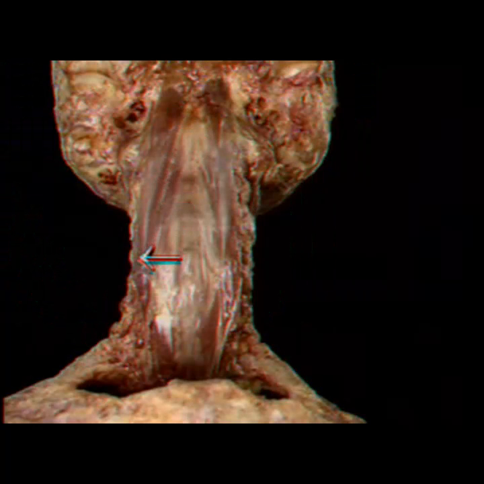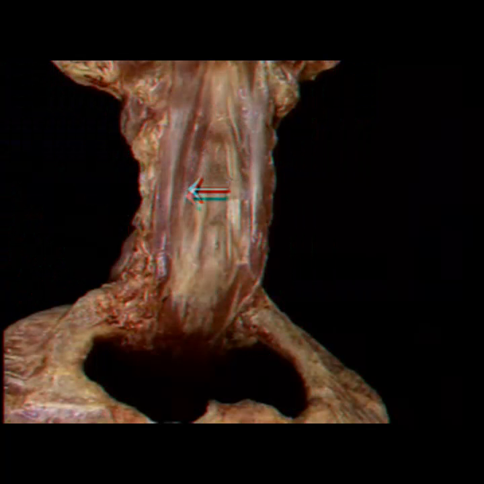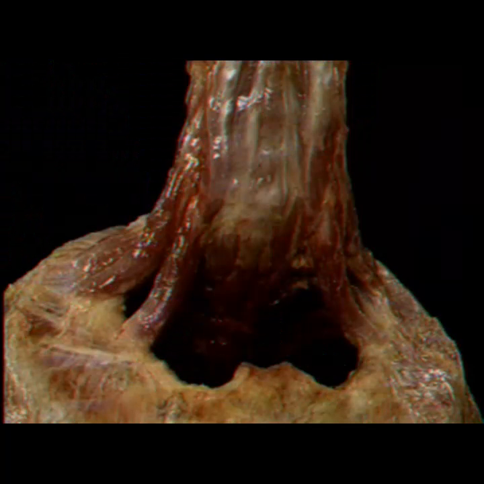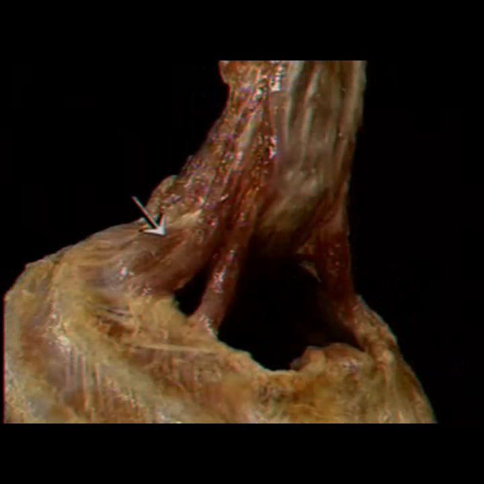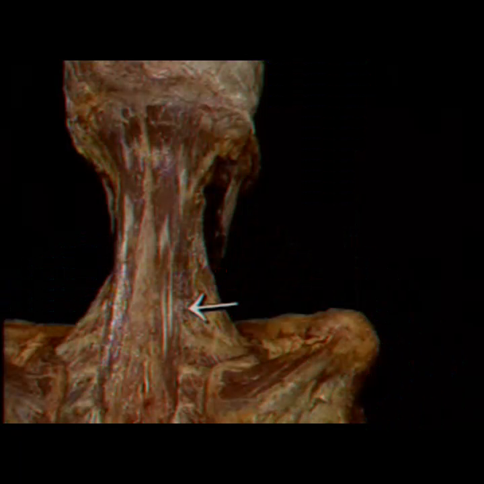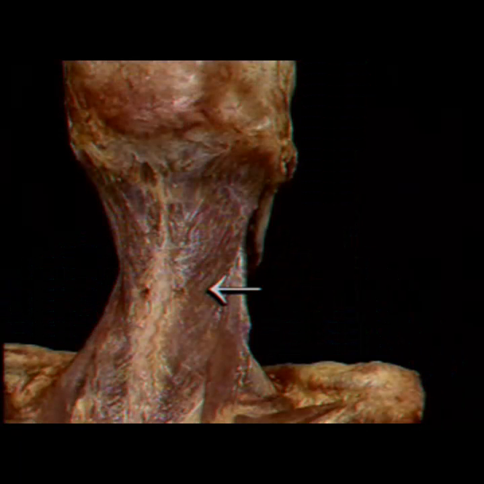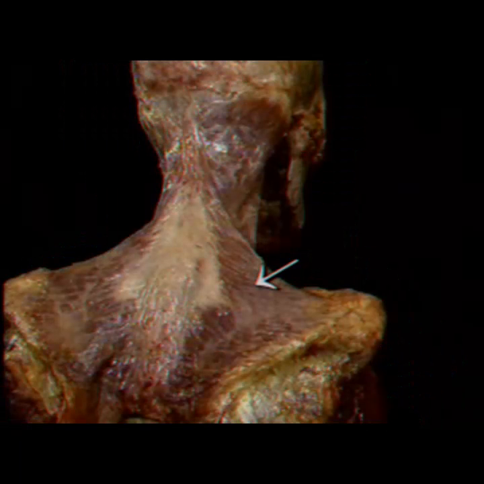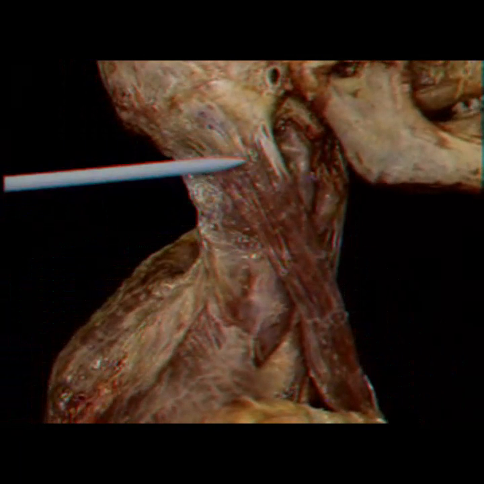Here's longus capitis and longus cervicis. Here are the scalene muscles, anterior, middle, and posterior. Here's semispinalis, splenius, and trapezius. And here's the sternocleidomastoid.